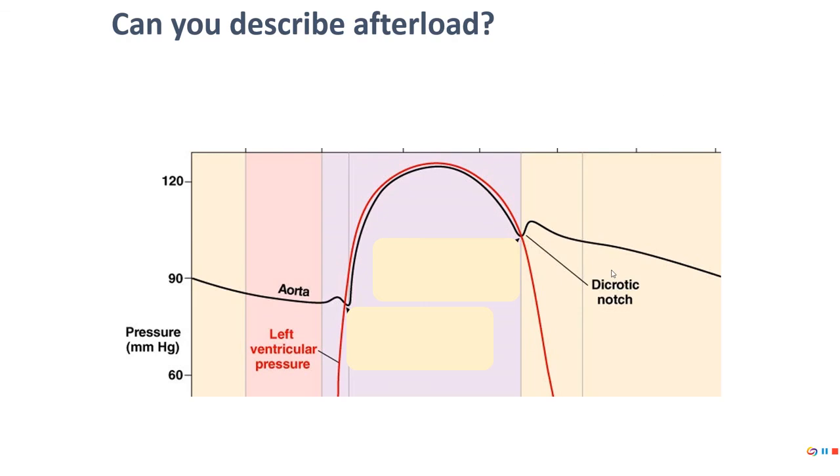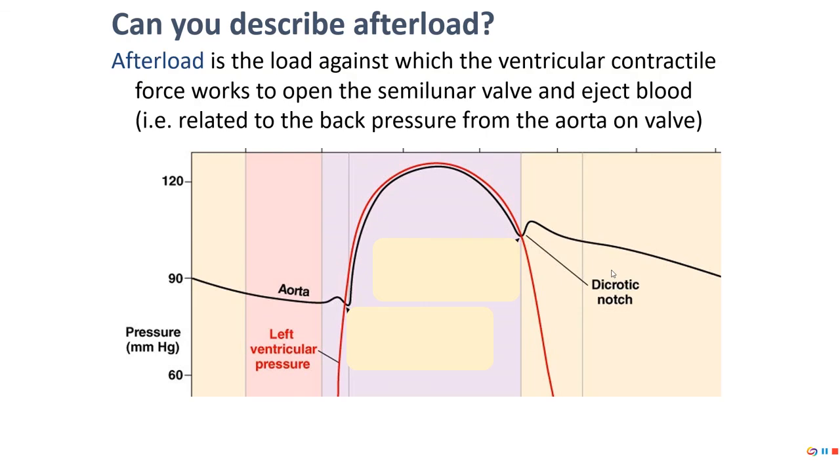Now, what was afterload? Like I said a minute ago, afterload is the pressure the heart has to contract against, or in this case, aortic pressure right here. Normally, ejection time goes from when ventricular pressure exceeds aortic pressure, and it ends when aortic pressure exceeds ventricular pressure, so really at these intersections right here and right here.